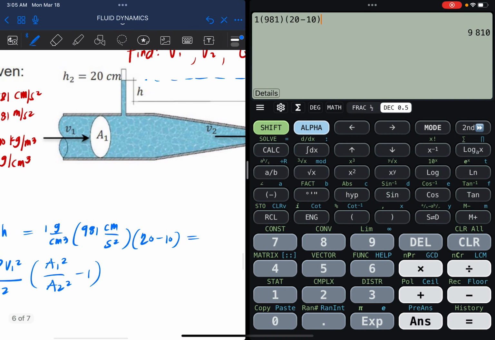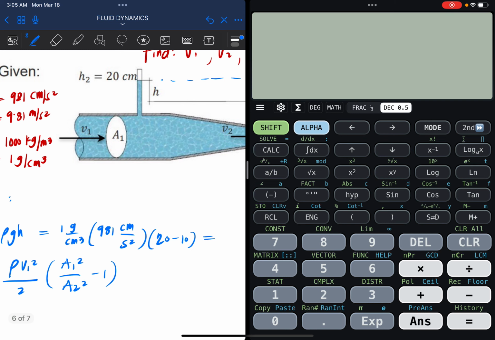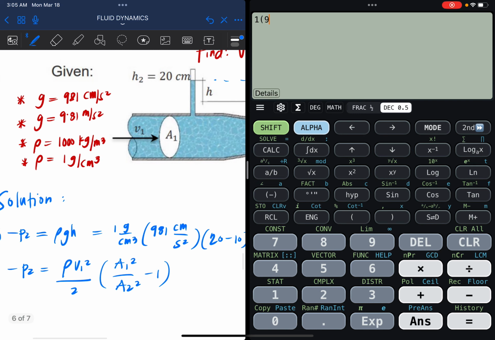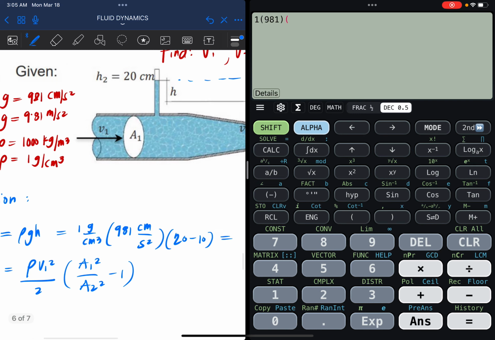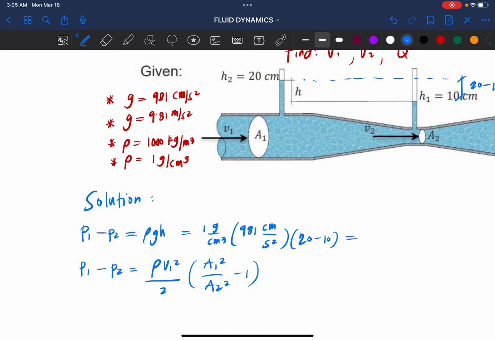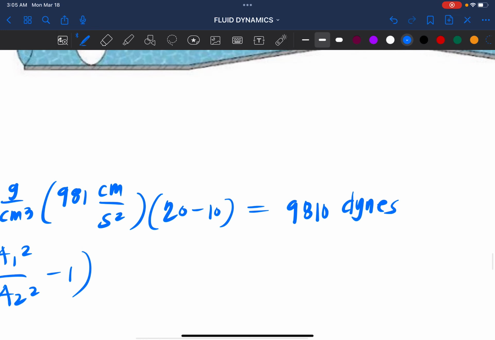So, this is 1 times 981 times 20 minus 10. Ayan. So, that is 9,810 dynes per centimeter squared, class. Pagka uniform kasi ang nakagiven, check nyo yung units nyo.